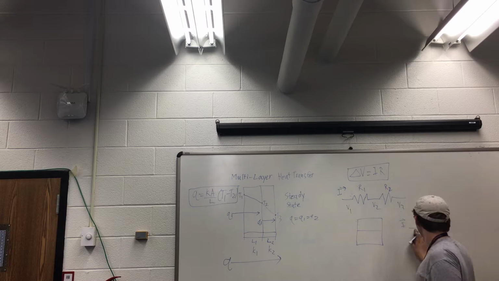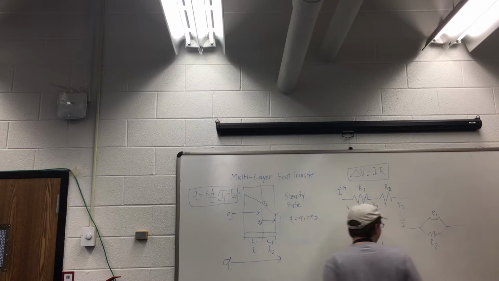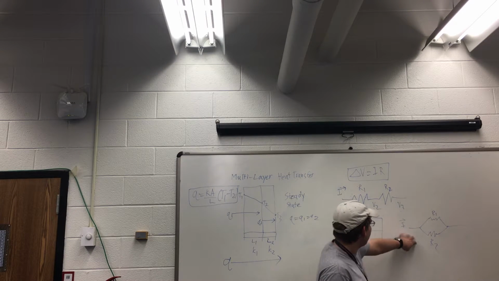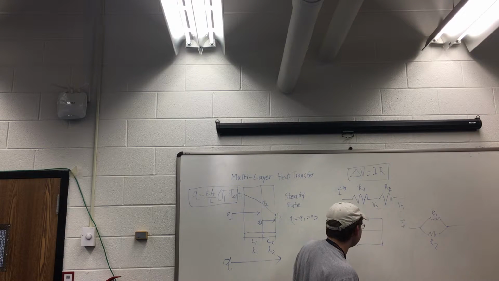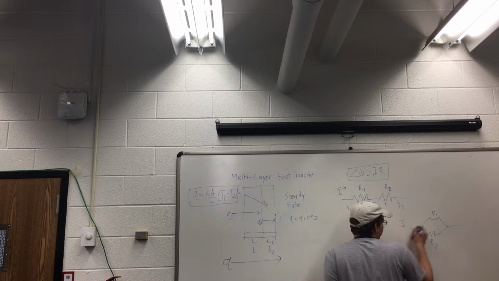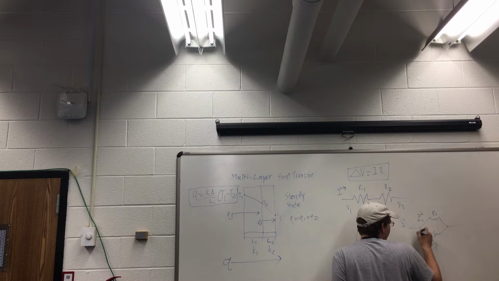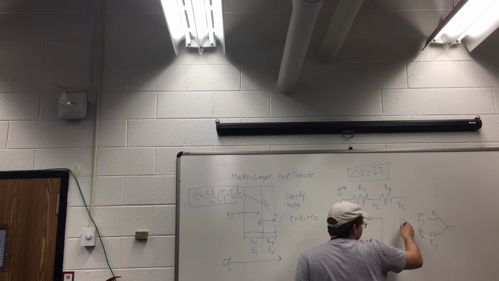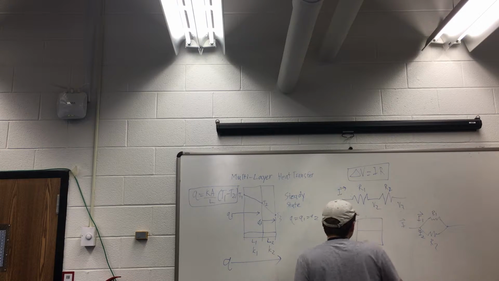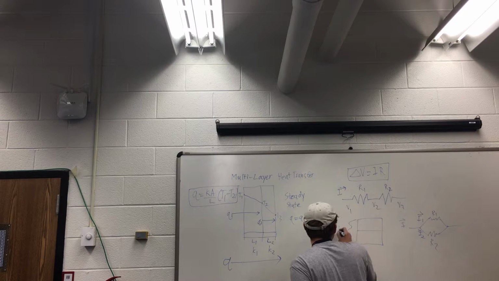So let's just leave it at that for now. So we got parallel resistors, which pretty much means that if we have a current here, we're going to have two different currents here. Okay, and they'll both add up to this current, which coincidentally, let me finish my drawing here first.